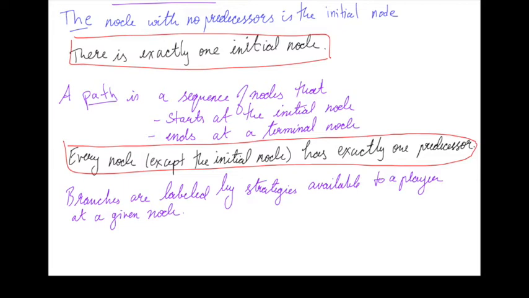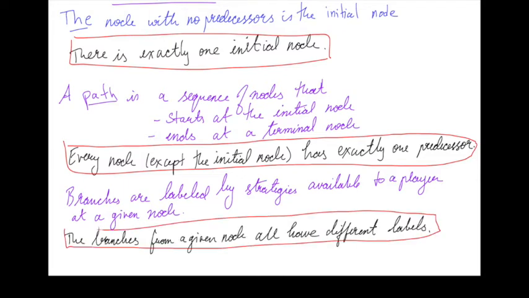So all the branches have to have different labels. So that's our third point about a game tree. Because the branches are labeled by strategies, if there are two branches labeled by the same strategy, we don't know which branch you would go down if you follow that strategy. So each strategy gets one branch. And so the branches have to all have different labels.